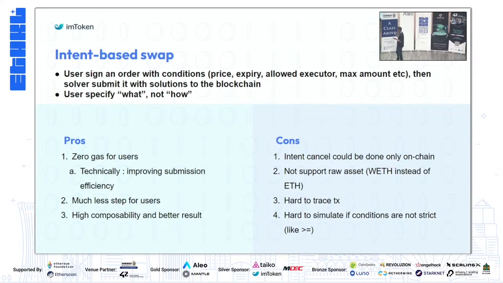If the user wants to do a swap, he can specify the balance difference in the intent order, along with other conditions like who is able to trade with that intention, the amount, price, expiry, something like that. Basically, users specify the what, not the how.